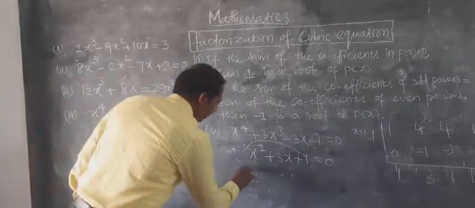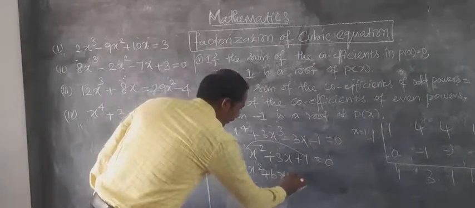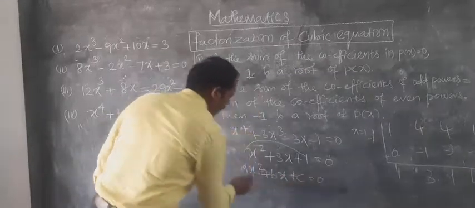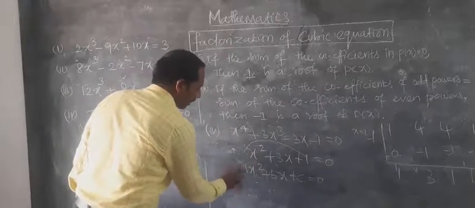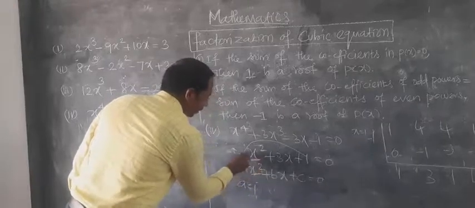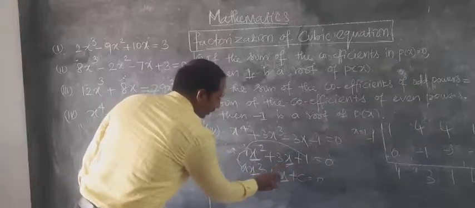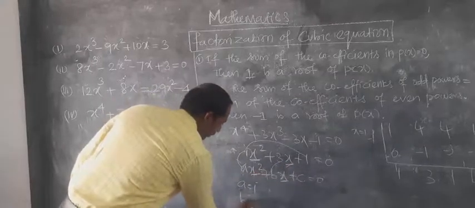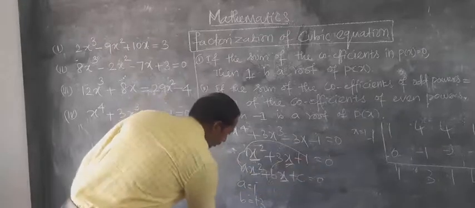So it is of the type ax square plus bx plus c equal to 0. You just compare the problem with the basic form. a equal to 1, x square and x square. So here 1 is a. What is the b value? Positive 3, b equal to positive 3. c, here the constant, c equal to 1.